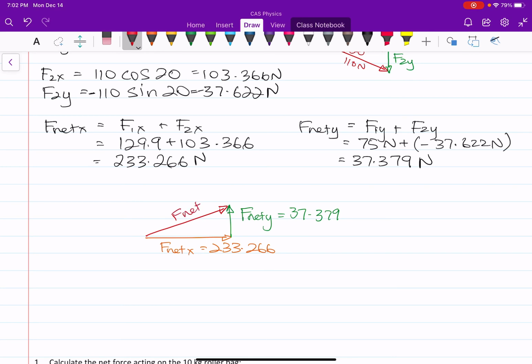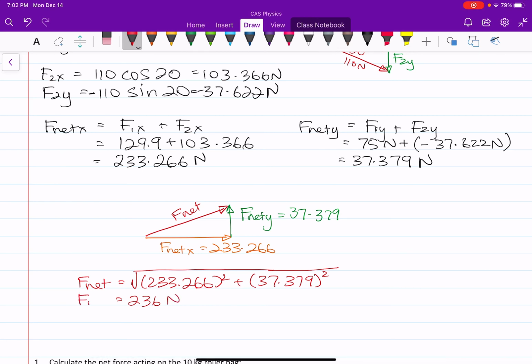To find F net, I'm just going to use Pythagoras, which is the square root of 233.266 squared plus 37.379 squared, and that equals 236 newtons. So my net force equals 236 newtons.